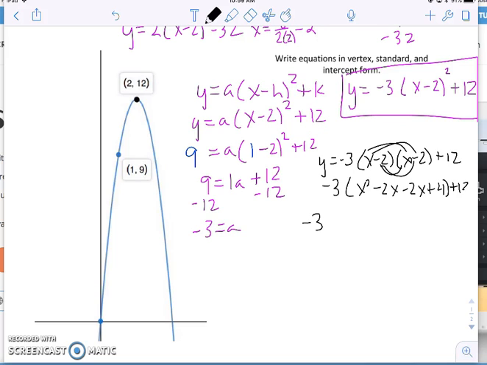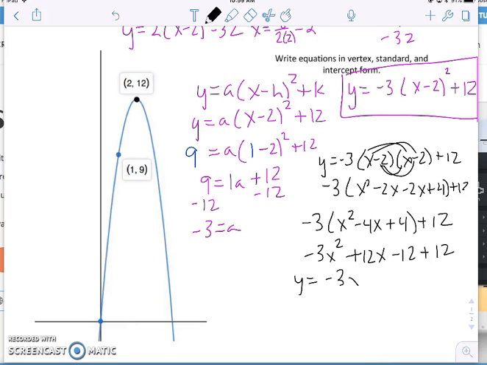So we have negative 3 times x squared minus 4x plus 4 plus 12. Distribute, we have negative 3x squared plus 12x minus 12 plus 12. So this simplifies into negative 3x squared plus 12x.